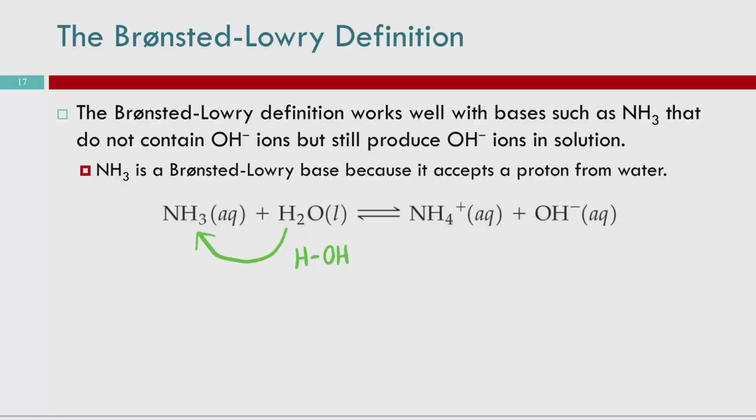H2O, which is H bonded to OH, one of these H's goes to the NH3 to make NH4 plus, ammonium, and then the rest of it is left as hydroxide. So it still produces hydroxide in solution, it just doesn't separate out into hydroxide in solution.